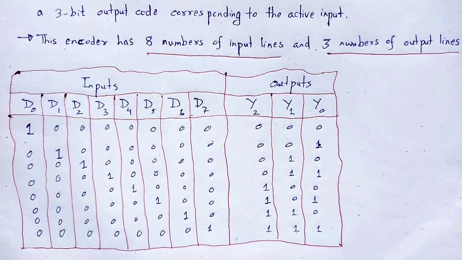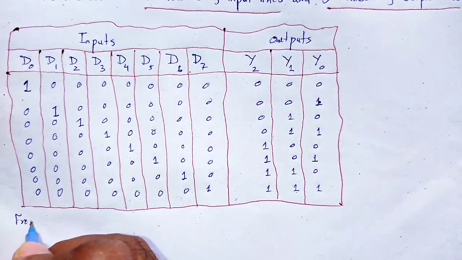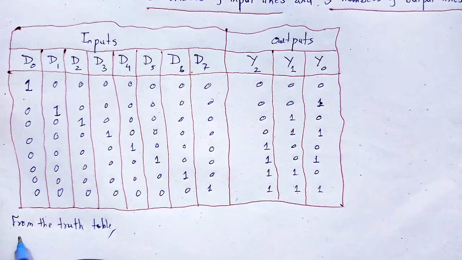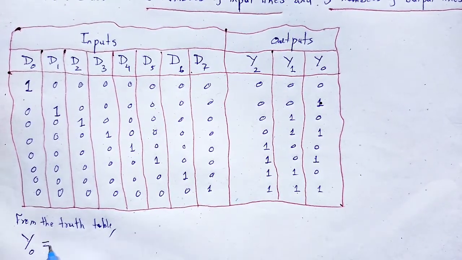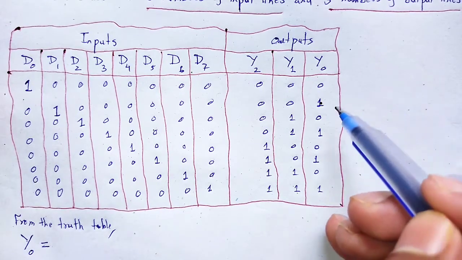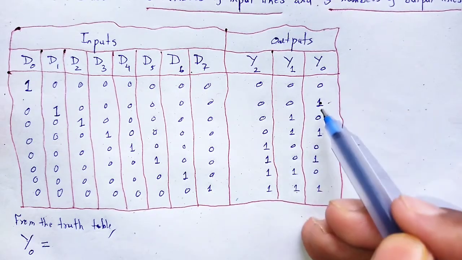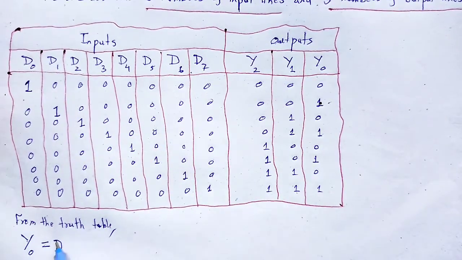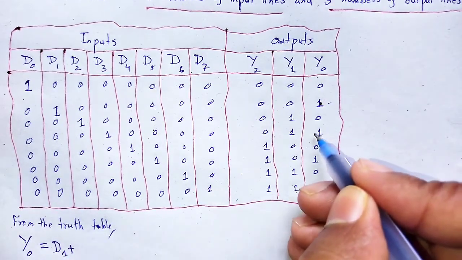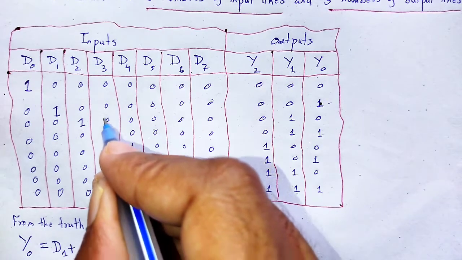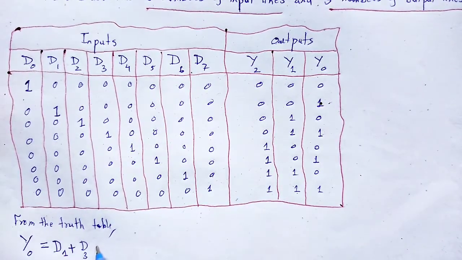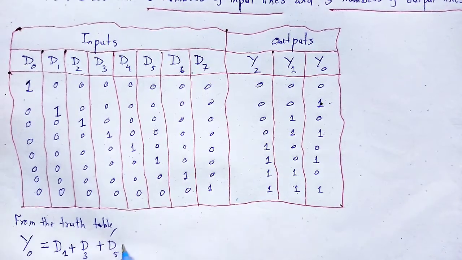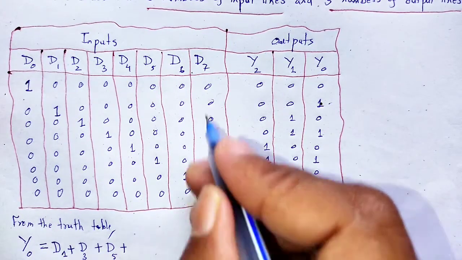Therefore, from the truth table, output y0 is equal to D1 plus D3 plus D5 plus D7.